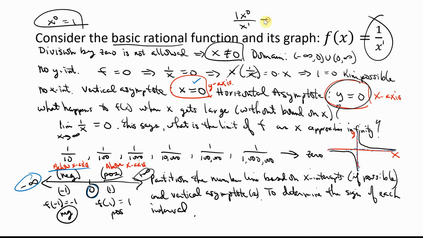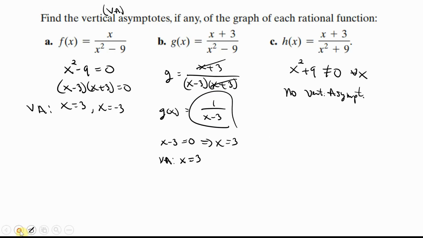So our n is 0 and m is 1. So I get n less than m. Automatically, the horizontal asymptote is the line y equal to 0. So I was just going by that rule.